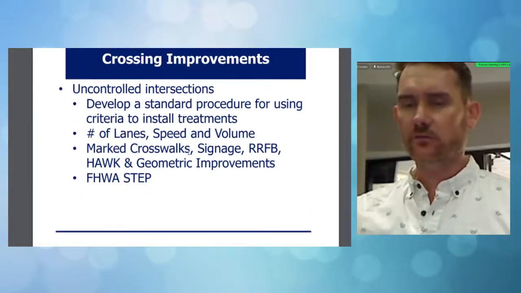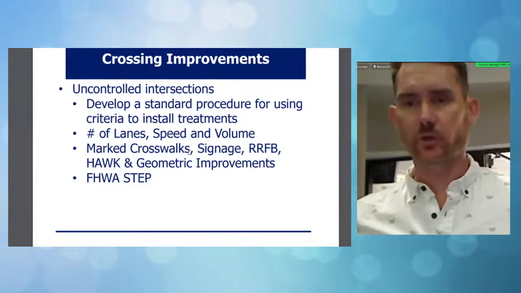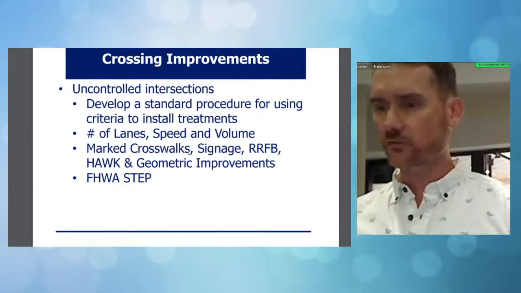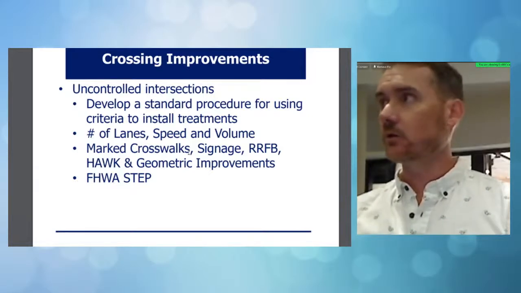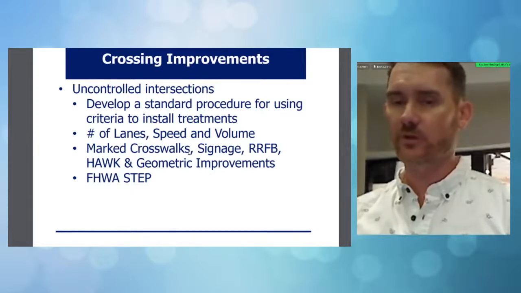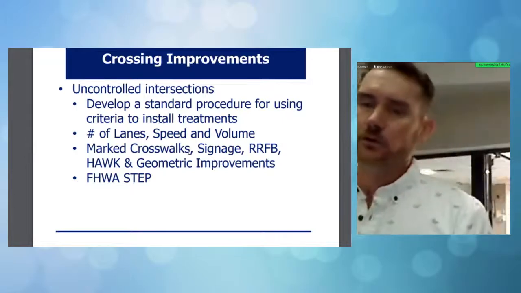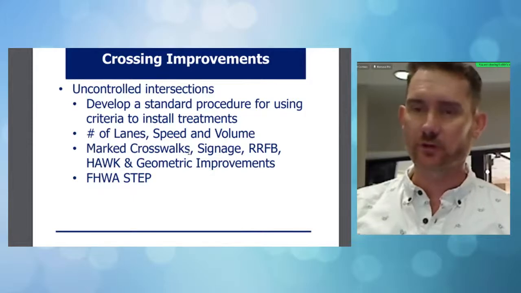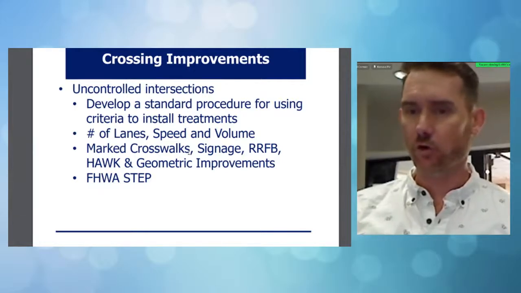At the end of last year, we had a discussion on criteria that we were looking at for uncontrolled intersection crossings. I think this is something that we've wanted to have some guidance on for a while. We've been following best practices when we do improvements at uncontrolled intersections. For example, the 7th and Tennessee crossing with the RRFB and the bulb out was an example.